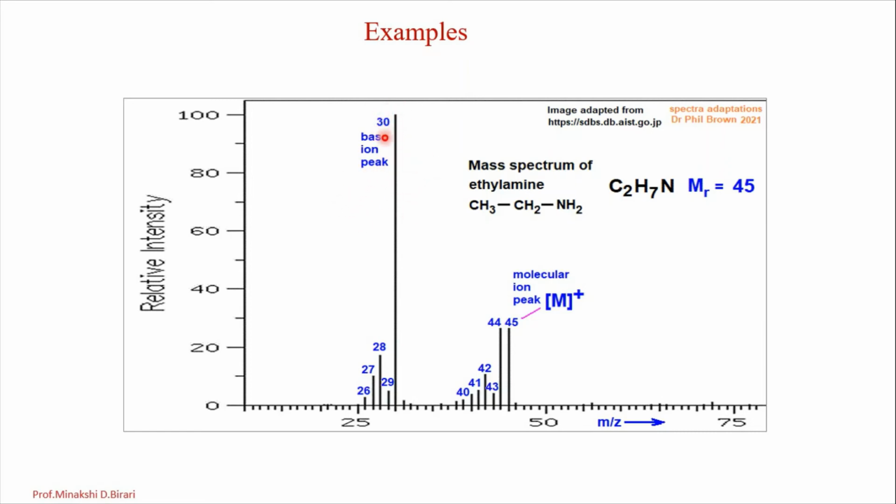So it is the base peak, and this M by Z value is an even number, and the molecular ion peak of ethylamine is observed at M by Z value 45. The number of nitrogens present in ethylamine is 1, that is an odd number, and the molecular ion peak is also observed at an odd value, M by Z 45.